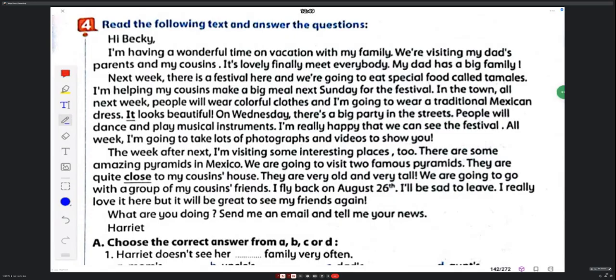Is that right? Yeah. A festival in Mexico on Wednesday. Yeah, that's me too. Okay.